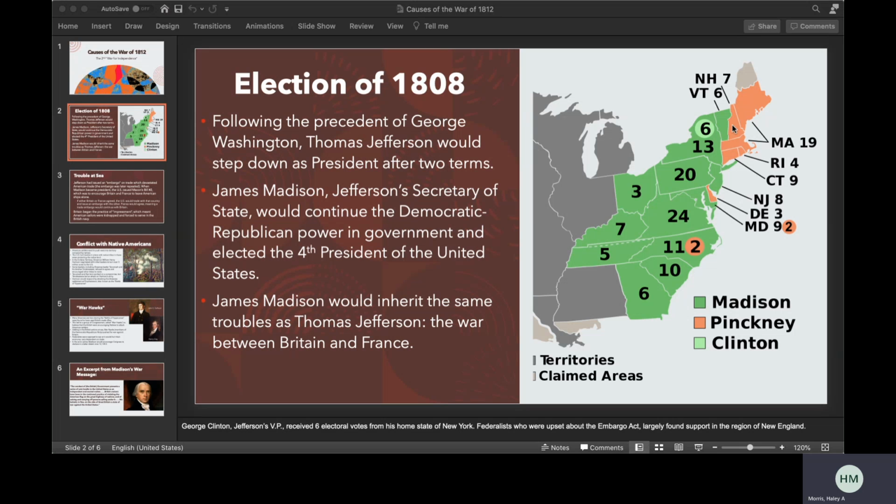Pinckney does tend to be more popular in the North, but in terms of how it looks geographically, Madison has much more area covered than during the previous elections. Usually we can see a pretty northern and southern divide in those first few elections, and now we see a more unison kind of spread.